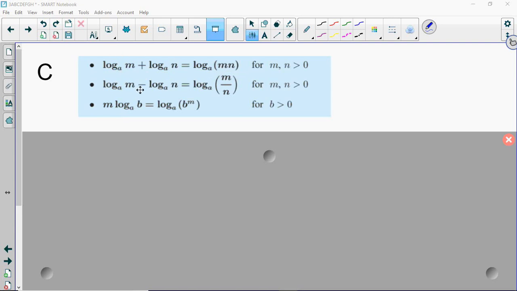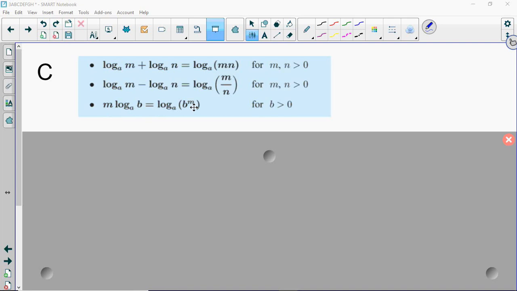If we have a difference of logarithms, then we turn it into a single logarithm with a quotient. And if we have a logarithm being multiplied by a constant, that constant can be brought into the logarithm as an exponent. Okay, and we often have to use these identities in both directions depending upon what the problem calls for.